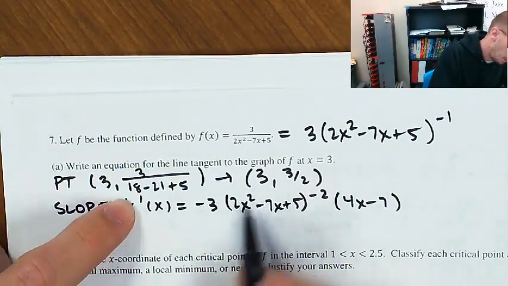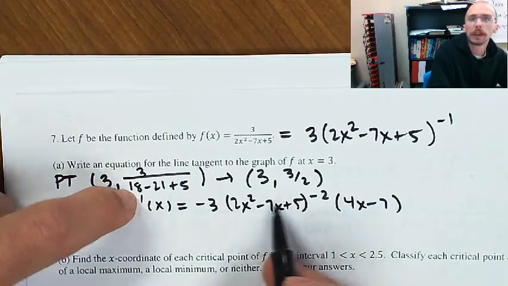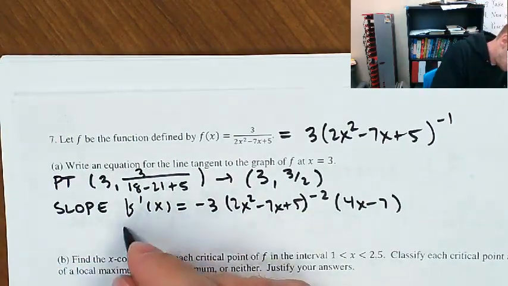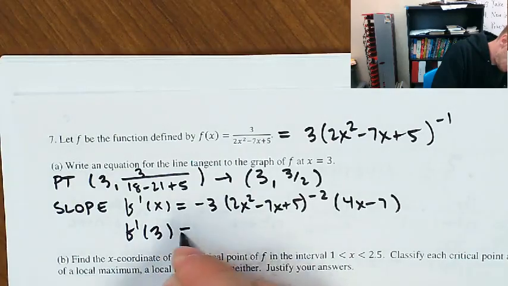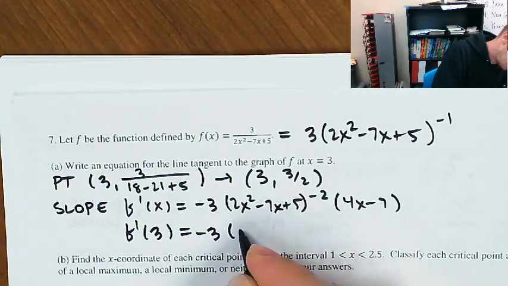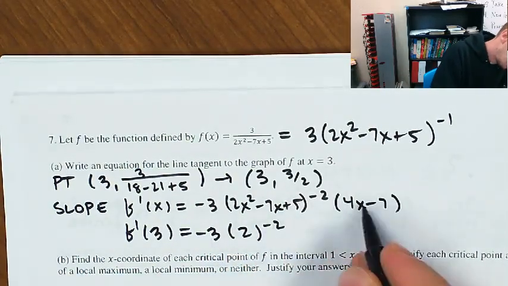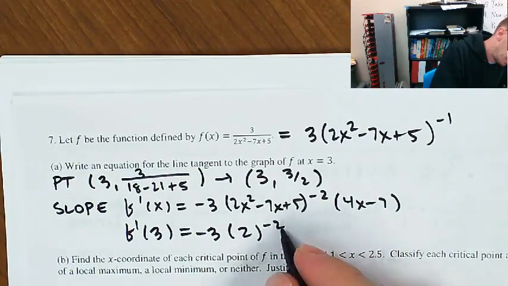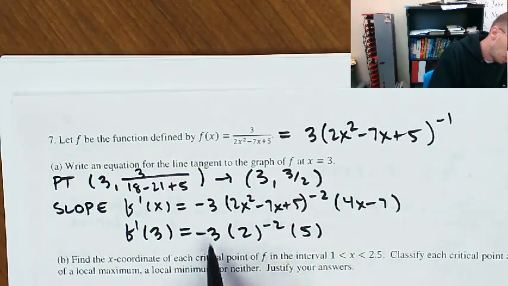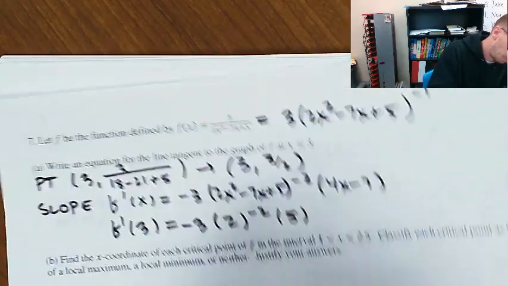I already computed that and found that it was 2, so I'm just going to use that fact. When I plug in 3, f prime of 3 is equal to negative 3, 2 to the negative 2 times 12 minus 7 is 5. So that's going to be negative 15 divided by 4.